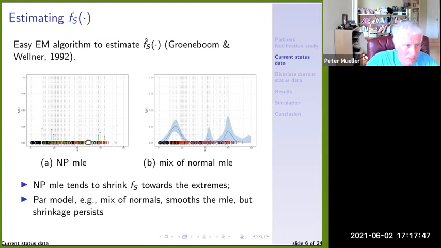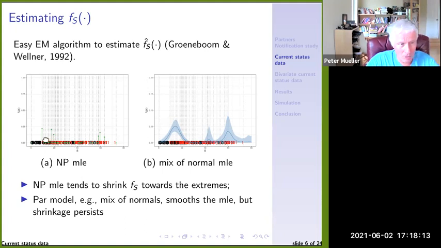Can you see there are many pins in between, but they get hardly any probability mass? Most of the probability mass for the non-parametric MLE is shrunk towards the extremes of the data. This is actually identical to the picture that I showed you on the title slide, just plotted there as a survival function. For the survival function, the pins simply translate into the steps of the survival function.